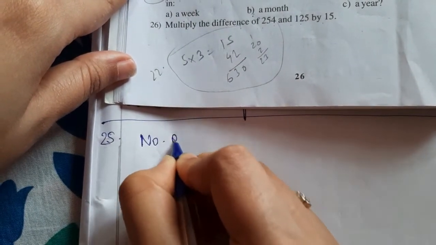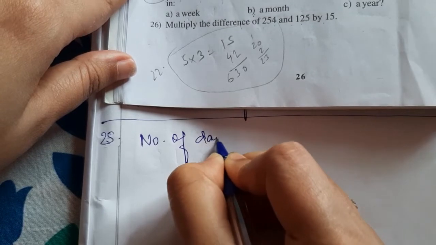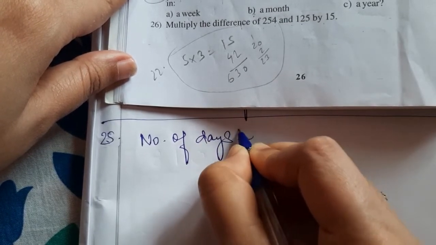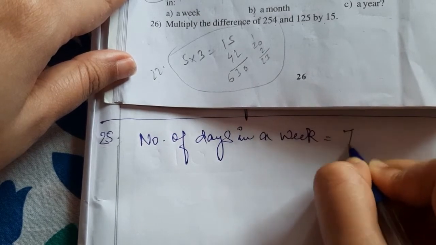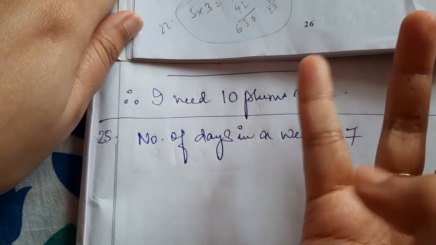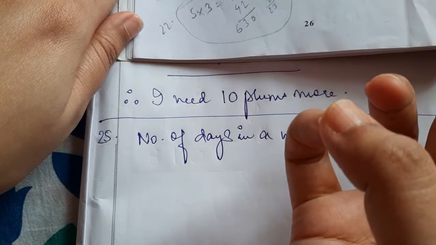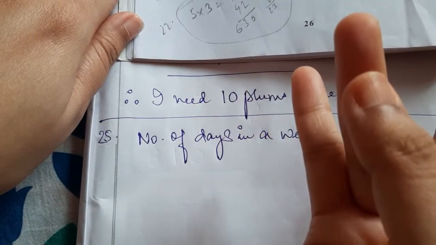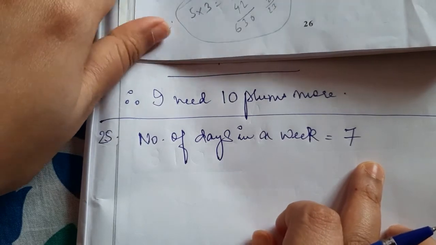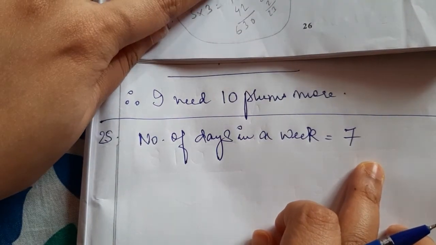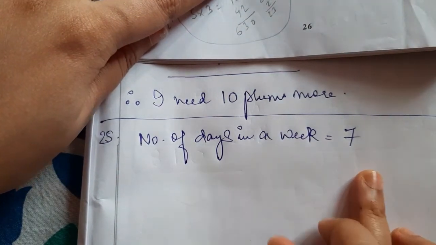First of all, number of days in a week is equal to 7, right? Sunday, Monday, Tuesday, Wednesday, Thursday, Friday, Saturday. So 7, number of days in a week 7, right? Now a boy learns the spelling of 15 words every day.